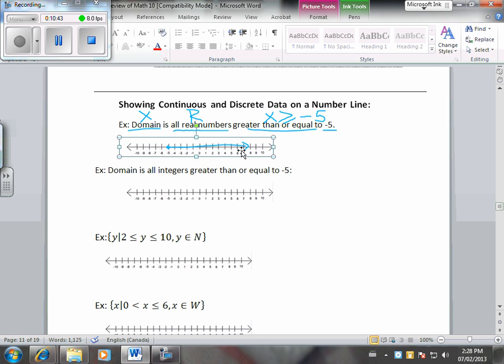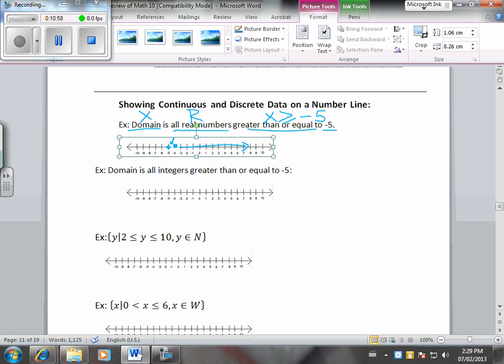Okay, so that's how we'd show this. And because it's all real numbers, do you think this is continuous or discrete? Now, if you went in between two data points, so -4 and -5, are there any data points in between? If you said yes, that is correct, and that makes this continuous.